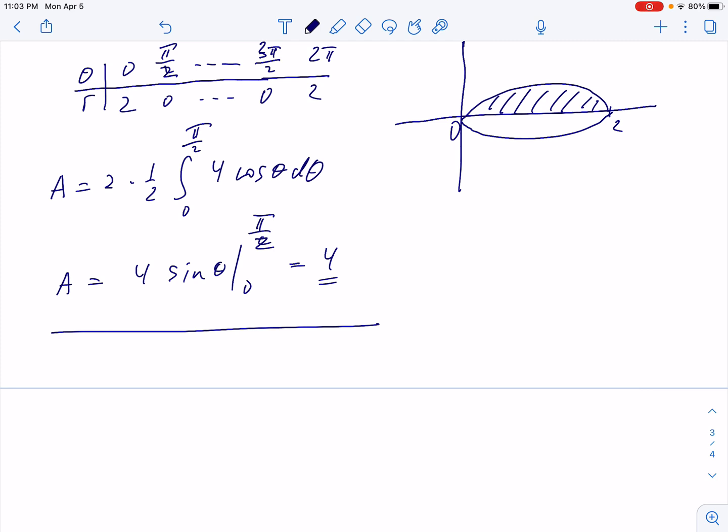And here comes our last example. Again, I want to find area. It says one loop under the graph of this equation, r equals cosine 3 theta.